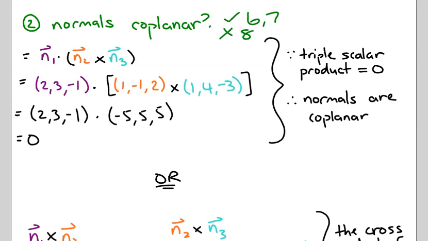Okay, so I did the dot product of the result from the cross product. By the way, this is called the triple scalar product. So this process right here is finding the triple scalar product, which is a dot product of the cross product. Okay, and if it equals 0, that means that they are indeed coplanar.